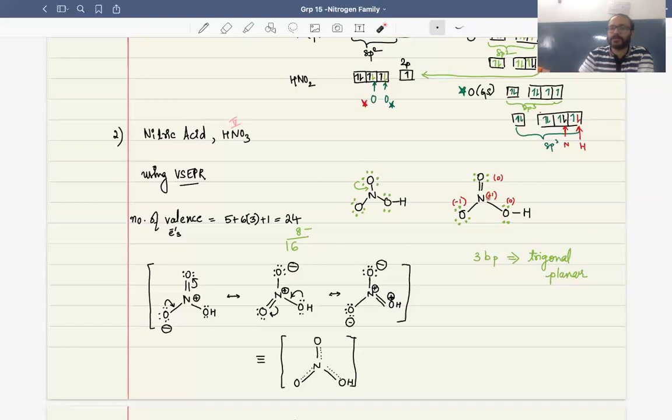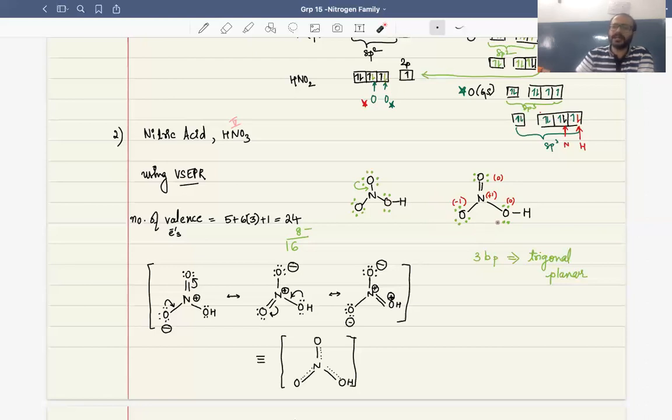Now I calculated the formal charge. Nitrogen has a formal charge of +1. This oxygen has a formal charge of -1. The rest of the oxygen atoms are having a formal charge of 0. Overall, this particular nitric acid from this Lewis structure is electrically neutral, as it is to be.